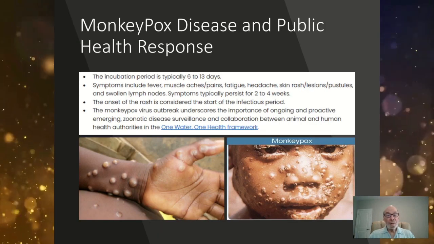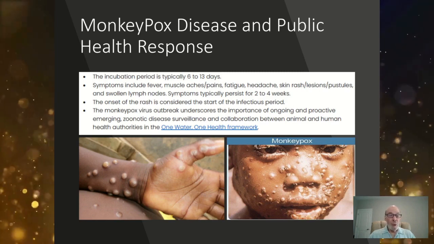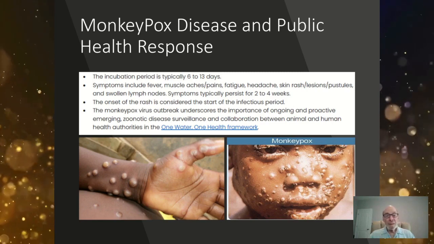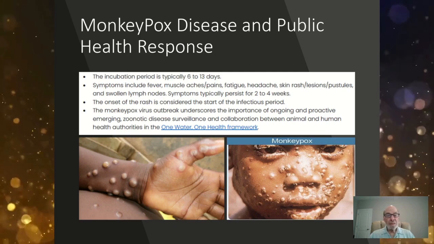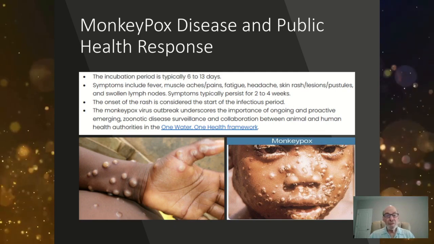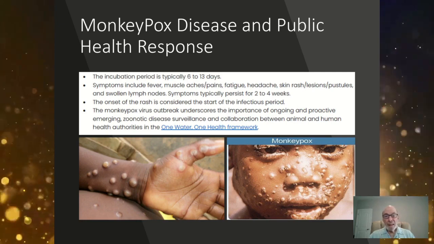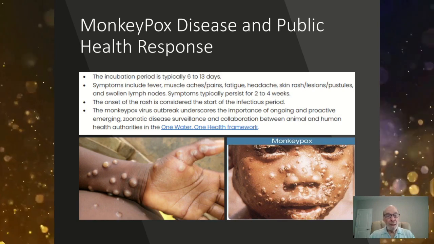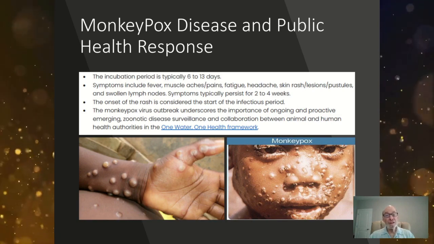The virus causes these characteristic skin lesions. When you get exposed to the virus, the incubation period is typically about a week to a week and a half. The symptoms that appear first are fever, muscle aches, fatigue, headache, and then finally the rash appears later. Once the rash appears, that's when you become infectious.